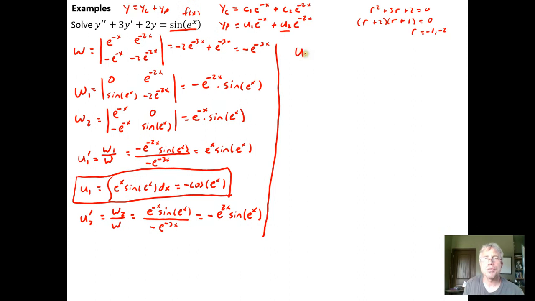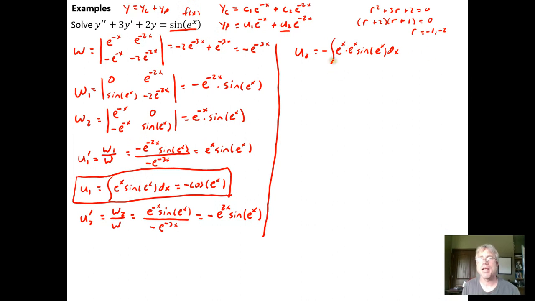So u sub 2 is going to equal the antiderivative of this stuff, so the minus can factor out front, and we'll get e to the 2x times the sine of e to the x dx. And then this isn't going to integrate so easily, so what I want to recognize is that e to the 2x is the same as e to the x times e to the x.